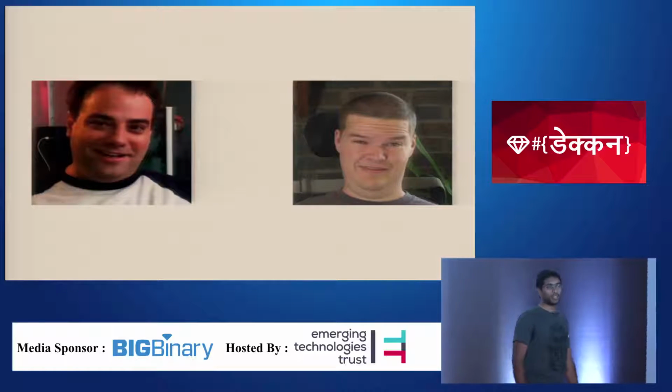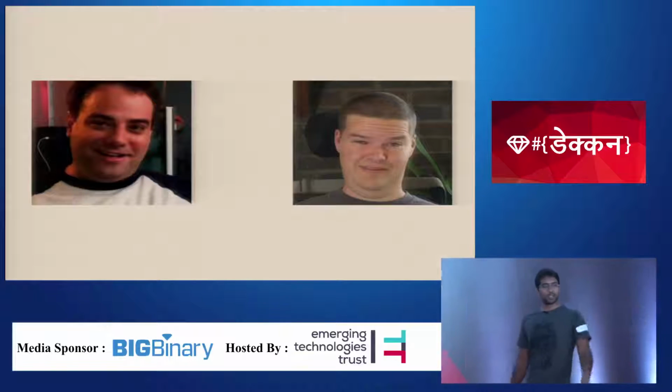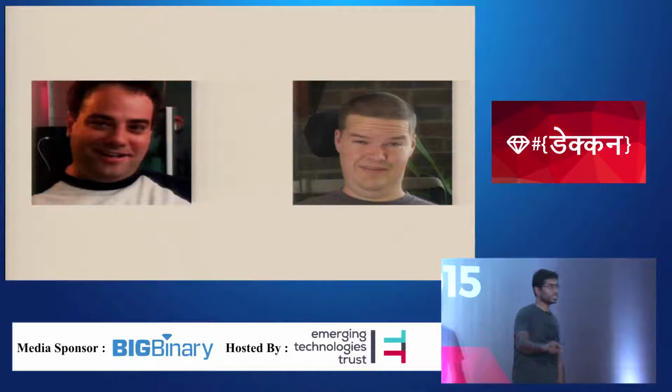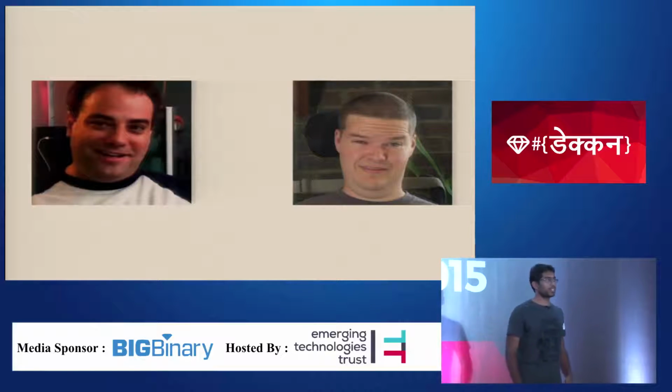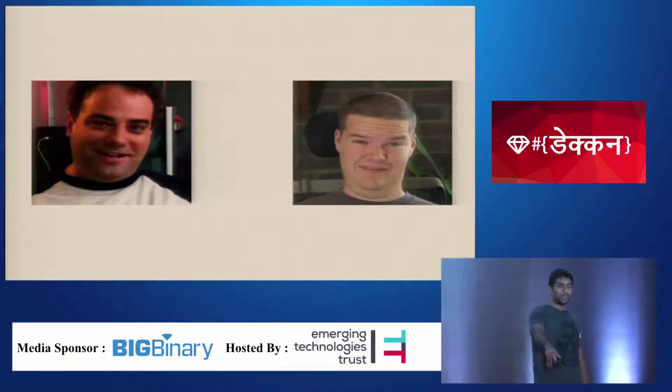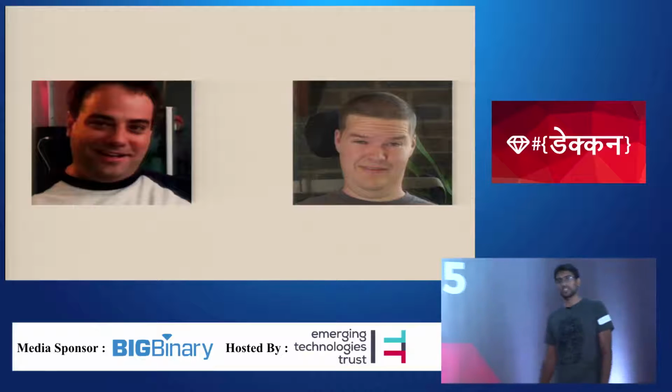Before I delve into it, I just wanted to show these pictures. I know most of you know who these two are, right? The one on the left is Joel Spolsky. They have written nice articles on character encodings.